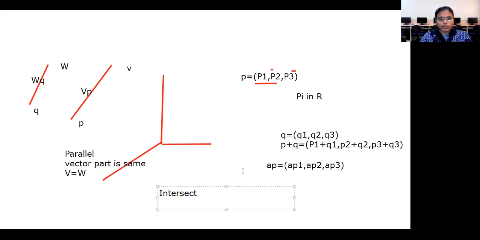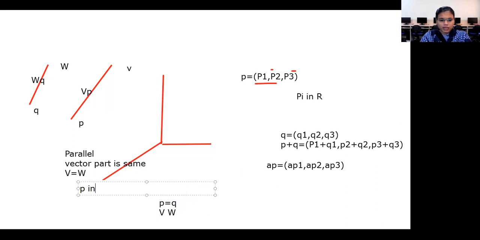The first condition is that they must have the same point of application, that is P should be equal to Q, and the vector parts will be different, that is V is not equal to W. But in parallel vectors, the vector parts are the same but the points of application are different.